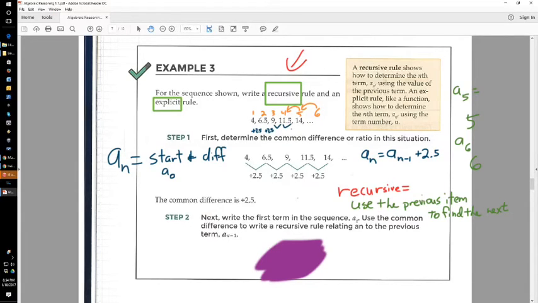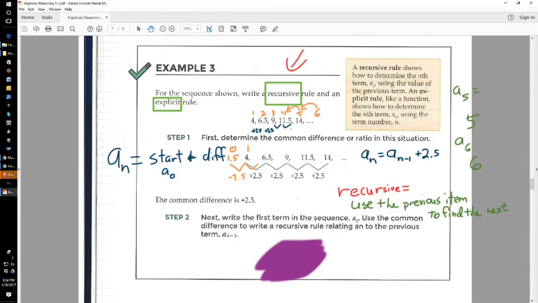So to find the start, this is a sub 1. To back up to a sub 0, just subtract 2.5. Just back up a term to get 1.5. So that's at term 0. You gotta know a sub 0.